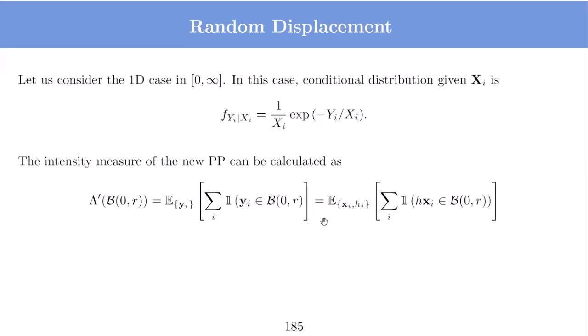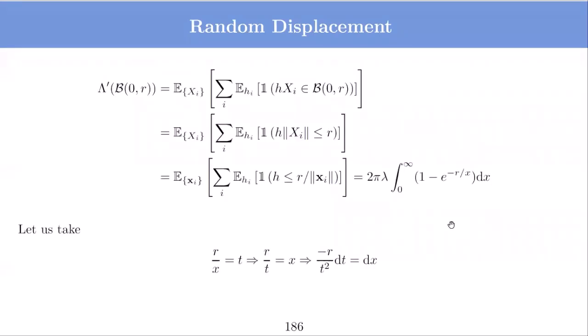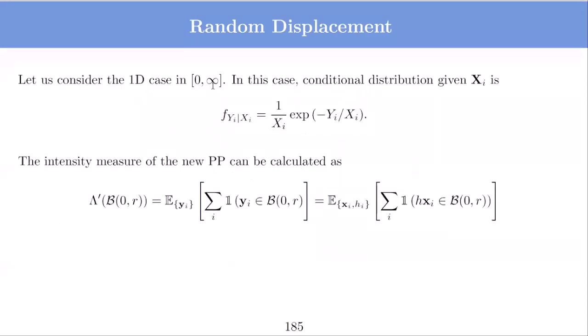The expectation will be with respect to xi and hi both, and I will ask each point, does hi xi belong to the ball or not? Because if hi xi belongs to the ball, then yi belongs to the ball. Now I will break this expectation. The expectation over xi I will keep outside, which is the expectation over phi, and hi given xi I will take inside.